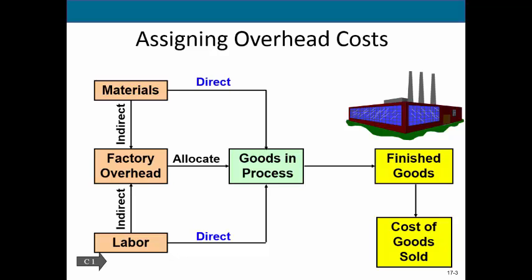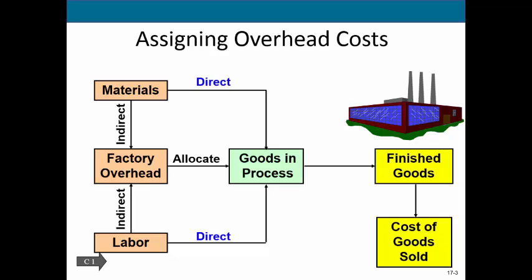So things that could be included in manufacturing overhead could be the manufacturing supervisor's salary, the rent on the manufacturing building, the depreciation that goes on for any of the equipment in the manufacturing building, maintenance for the manufacturing facility or for the equipment, utilities for the overall manufacturing facility, taxes for the manufacturing facility.